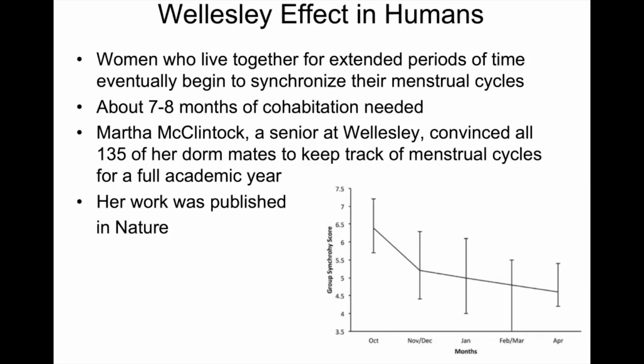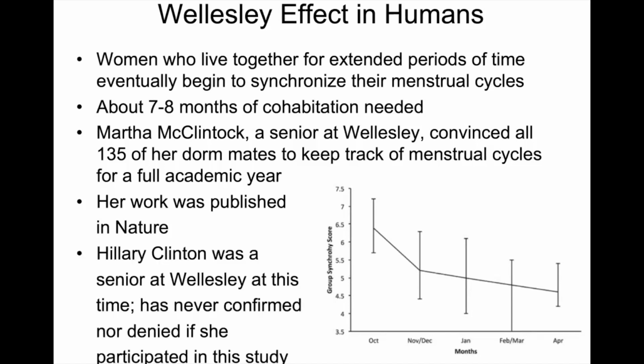It's pretty much unheard of for an undergraduate student to put a study like this together and publish in such a prestigious journal. It's also worth noting that Hillary Clinton was a senior at Wellesley at this time, and there are only so many dorms. She's never confirmed nor denied if she was one of these 135 people, but it's widely speculated.